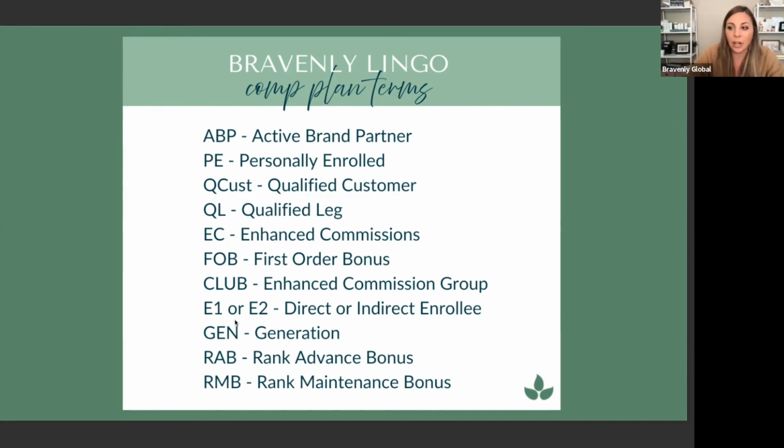You'll also see in our comp plan Q customer, that stands for qualified customer. A qualified customer is a retail customer or an ambassador that has ordered 25 BV in products, which qualifies them for you to rank up. A qualified leg will be a QL. QL stands for qualified leg, and you need those to rank up as well.